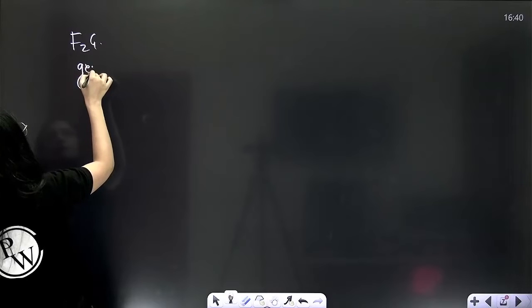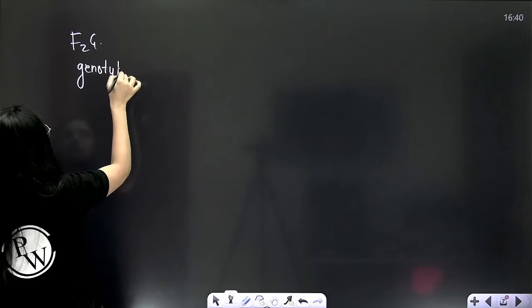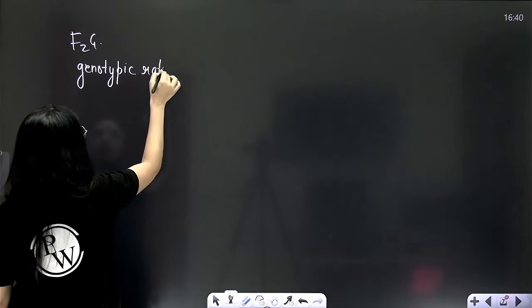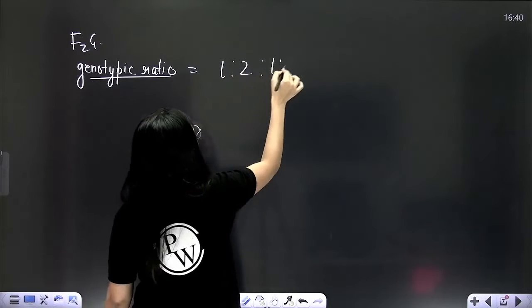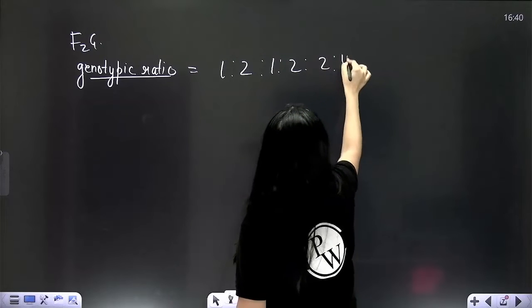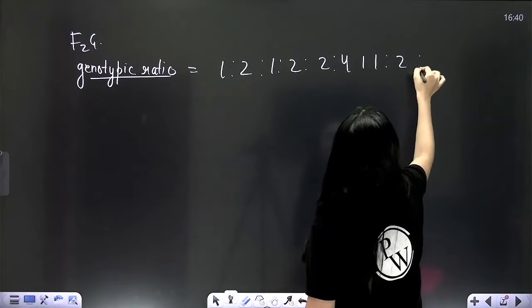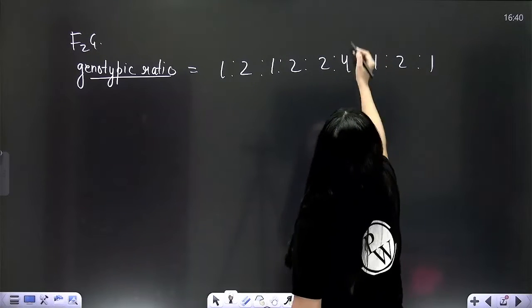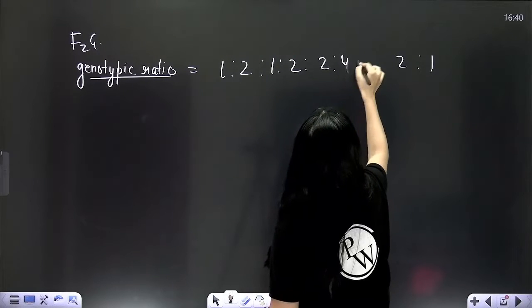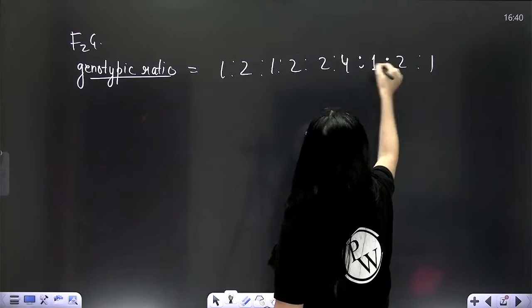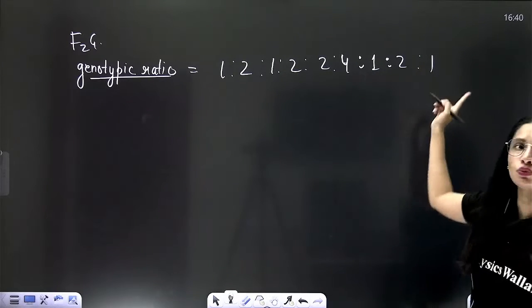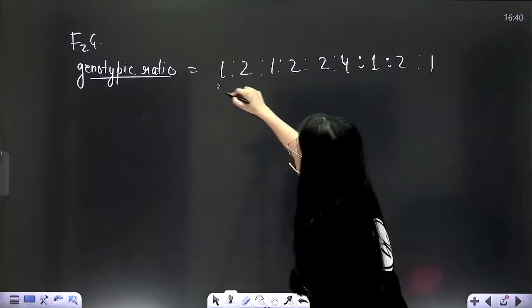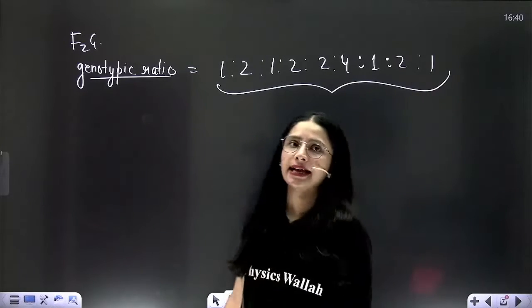Now, F2 generation genotypic ratio is, beta, 1:2:1:2:4:2:1:2:1. Now this you have to decode on your own.